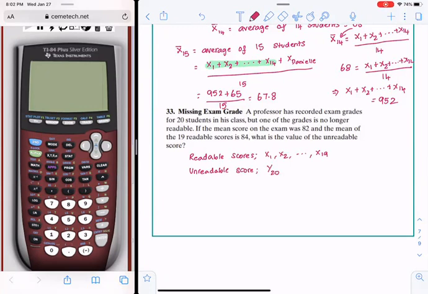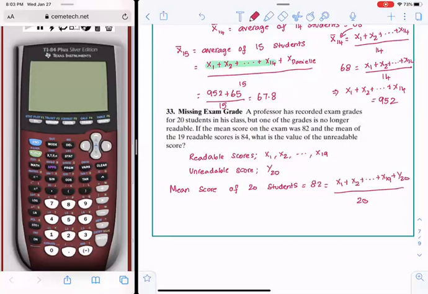So the average of all 20 grades, the mean score of 20 students is 82, which simply would be x1, x2, all the way up to x19, all the readable scores, plus that one score that is not readable, divided by 20.